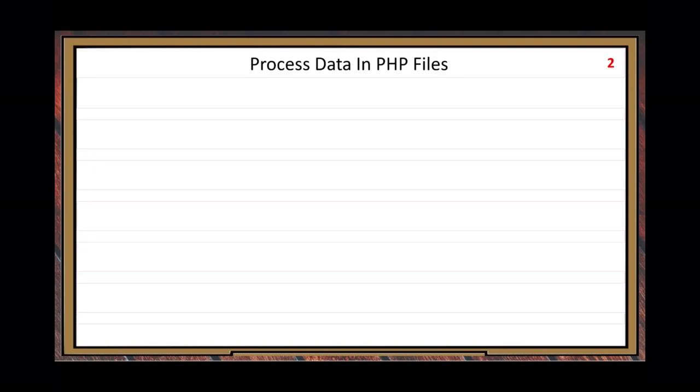Regarding the HTTP protocol, there are actually many methods, but the most commonly used HTTP methods are, the first one, the GET method, usually written in capital letters, and the second one, the POST method.